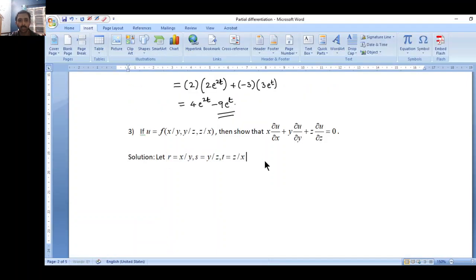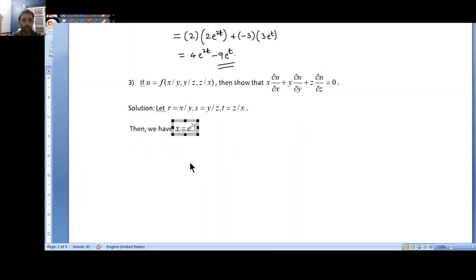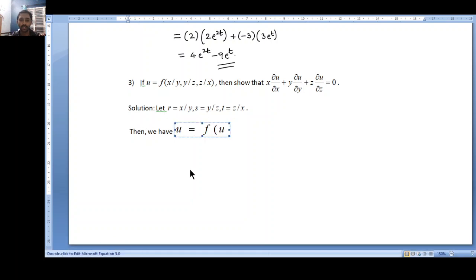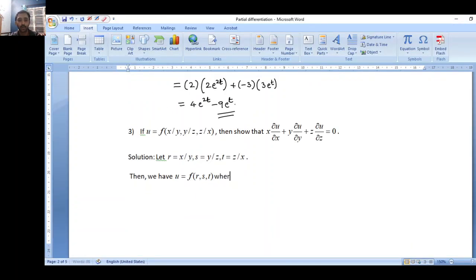So in such a case, what do we have as the given expression? The given relation can be rewritten as u equals f of r, comma s, comma t, where r is x by y, s is y by z, and t is z by x.